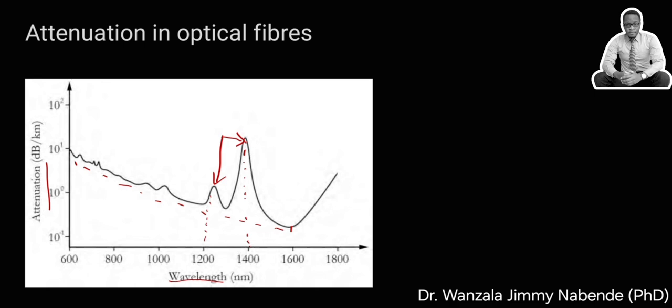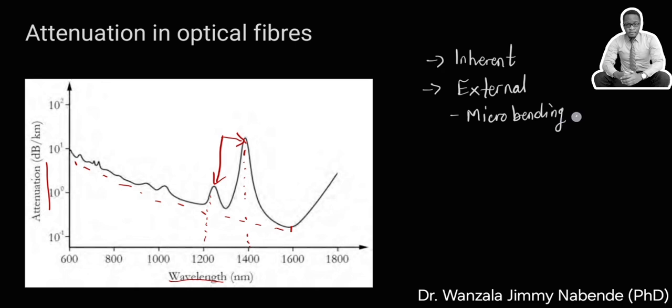What we have seen, those are factors that we call inherent, or that come with the material. But then there are also external factors that lead to attenuation, and some of those are microbending loss.